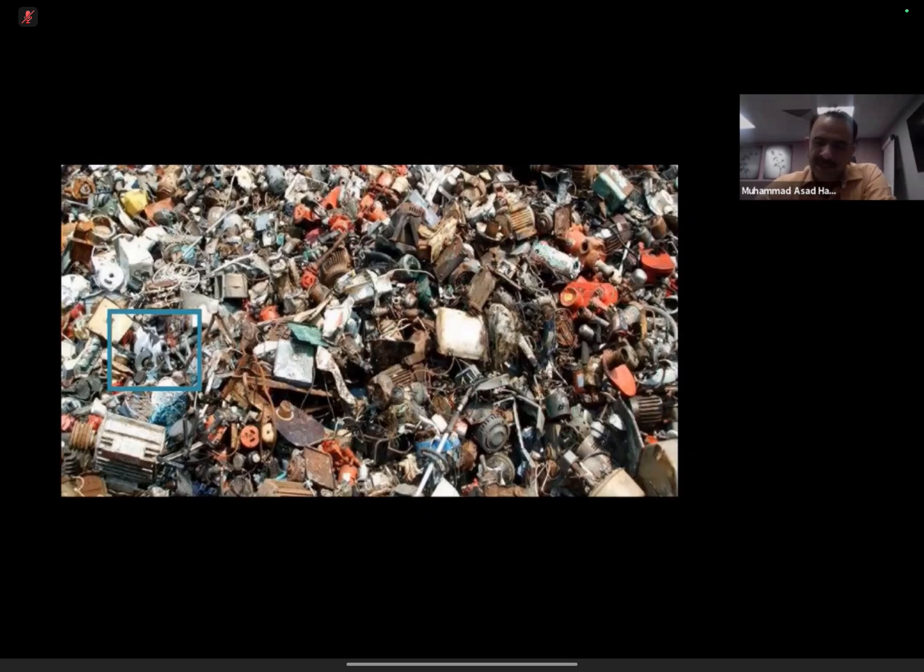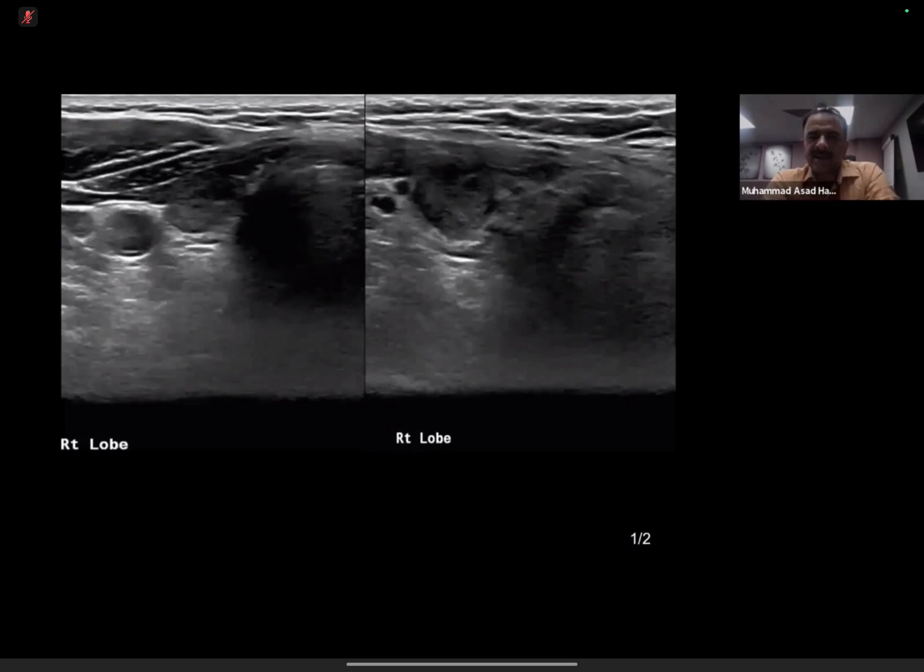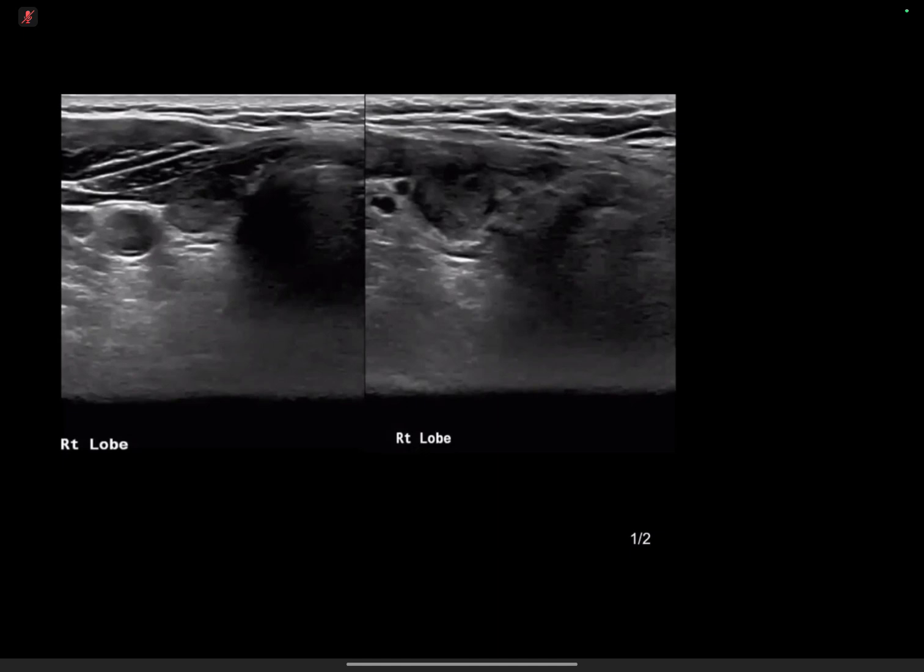So candidate one, here is the first case for you. Kindly describe the examination which is being performed and describe the findings. So these are still images from an ultrasound examination of the thyroid gland, and there is a nodule within the right lobe of the thyroid, which is part solid, part cystic.